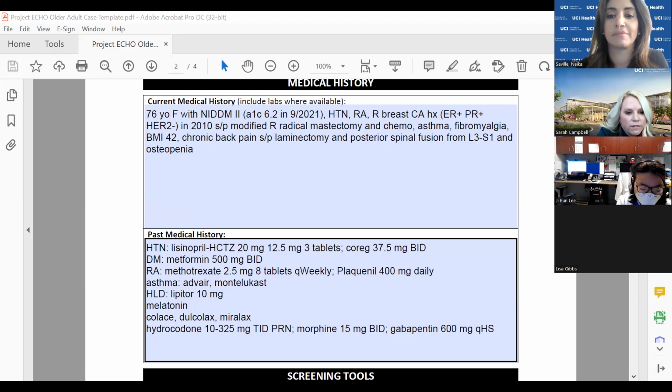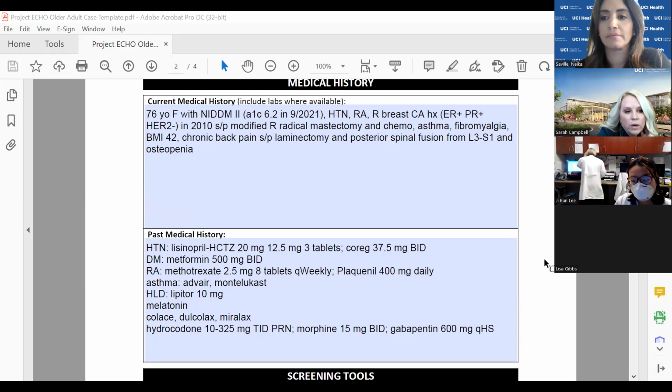So I'd want to find out what her overall goals for care are. What are her goals for life? What does she want to do that she's not doing? Are there things that are bothering her? But I would certainly screen her for depression.